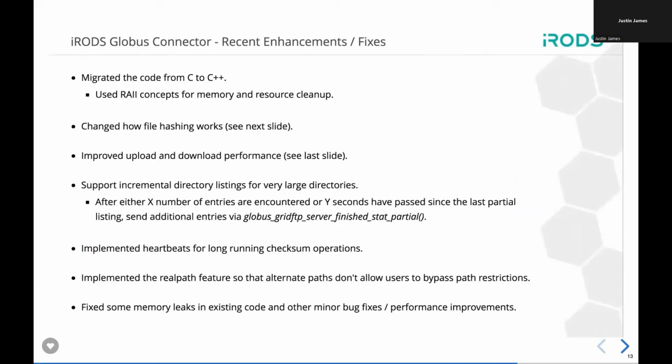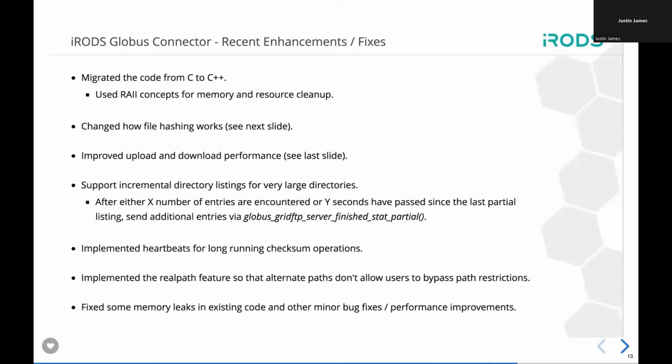So, some things we've done recently, recent enhancements to the connector. Like I said earlier, the original plugin was written by EUDAT, the European Data, I forget the acronym, but they wrote it, and then it was taken over by the iRODS consortium.